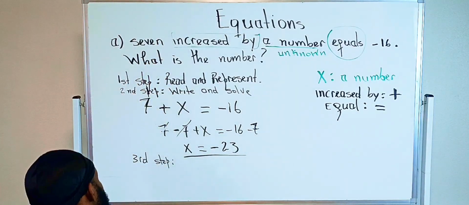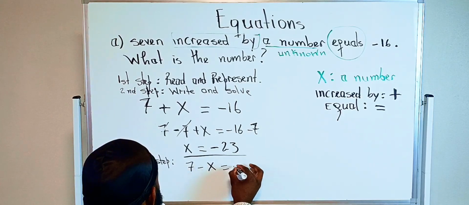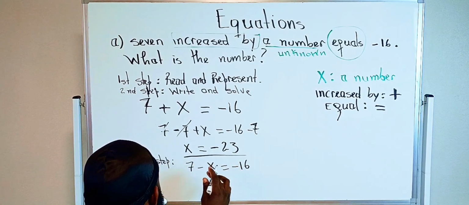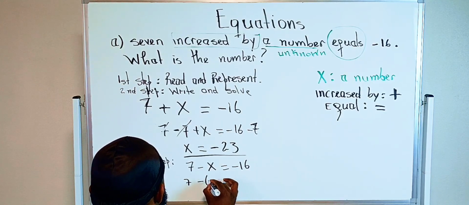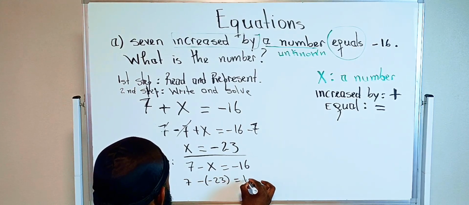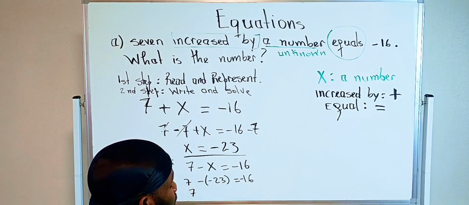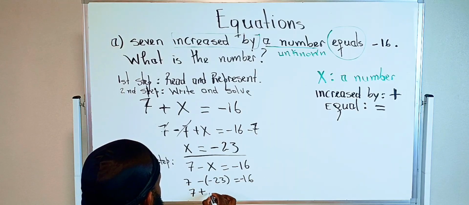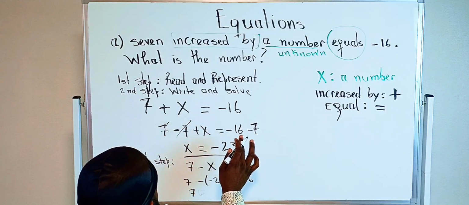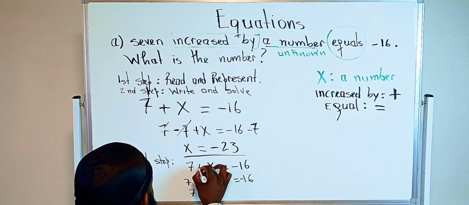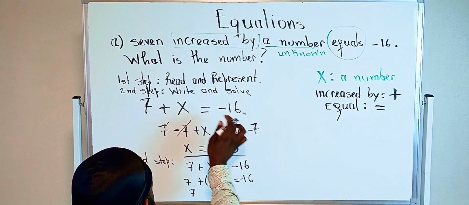Let's check. To check, guys, we gotta go back to the initial equation, and whenever you see x, you gotta replace it by negative 23. Oh, sorry guys, it was a plus.